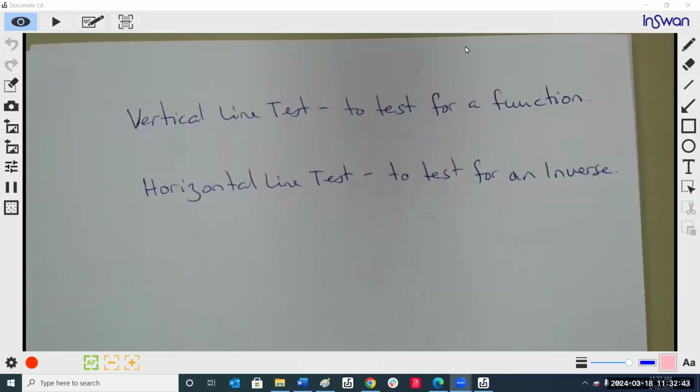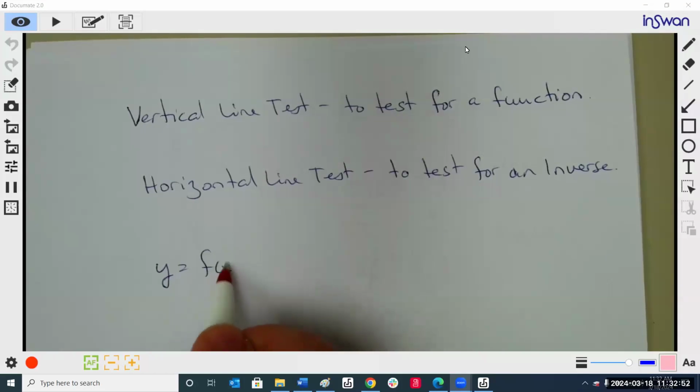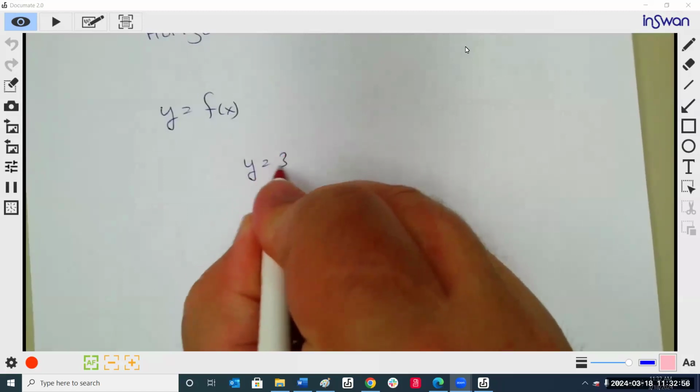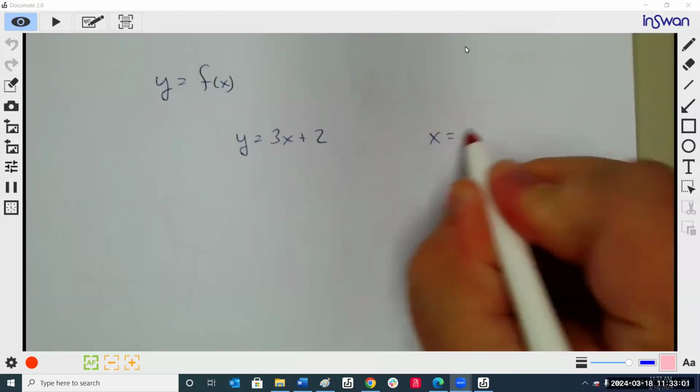If you think about it, the difference between an inverse and a regular function, or let's look at this, that's a regular function.